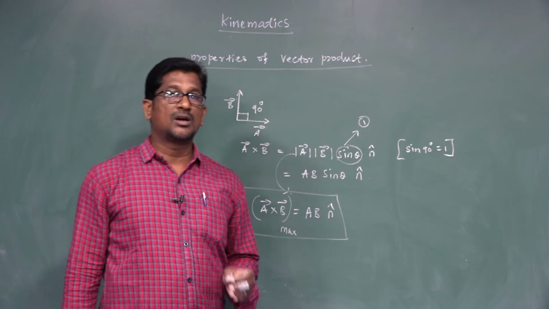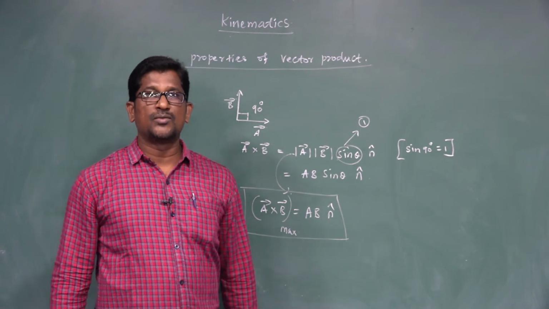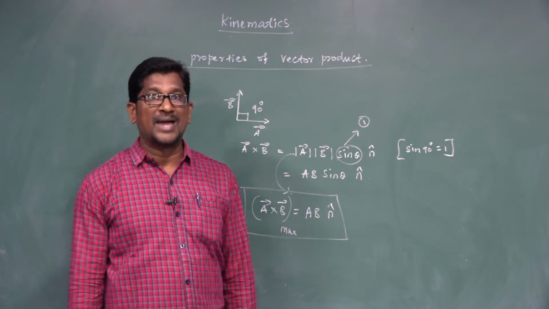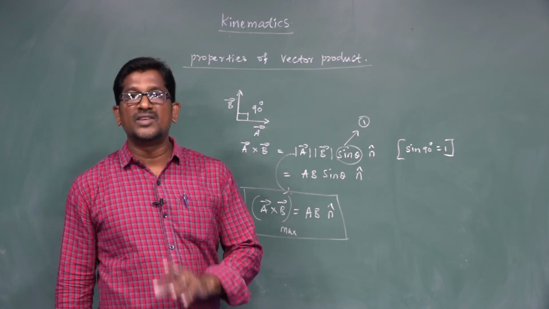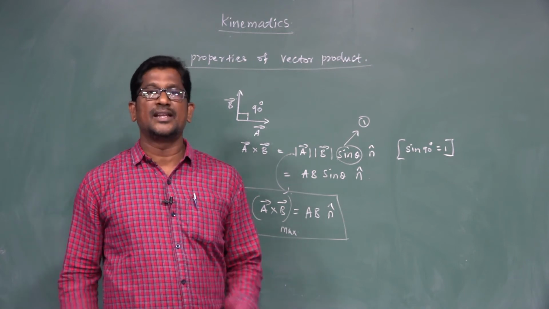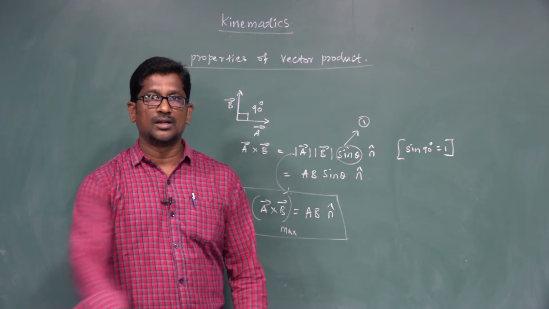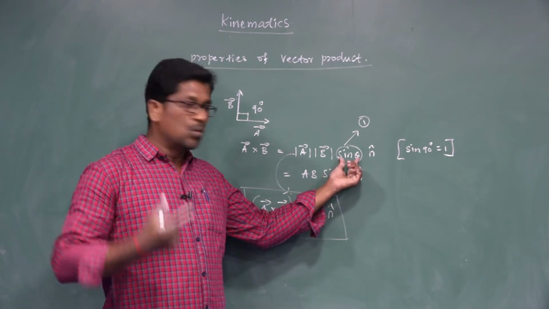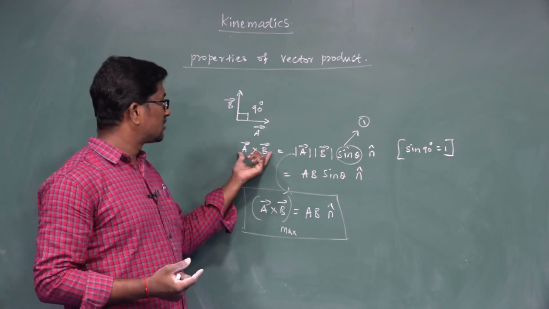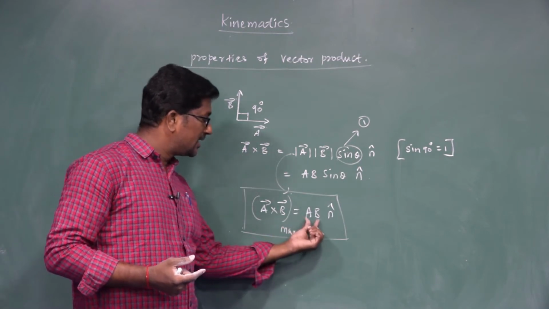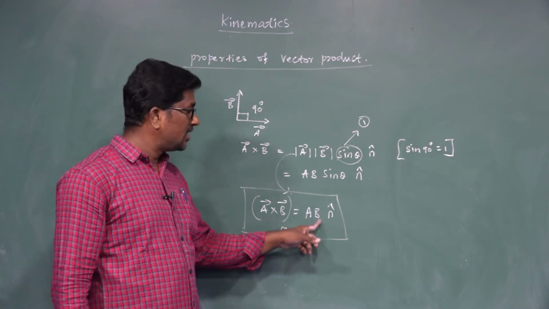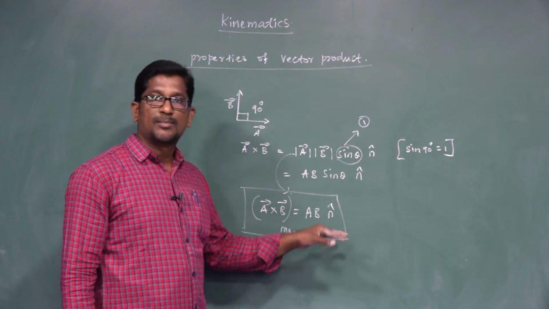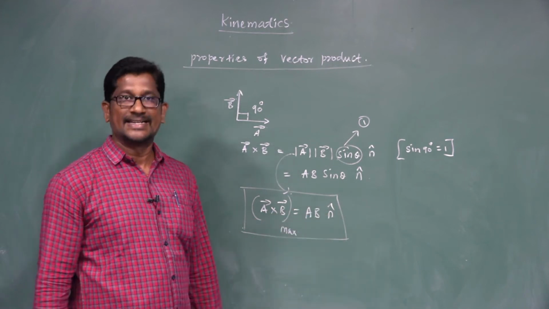The vector product or the cross product of two vectors will have a maximum magnitude if the angle between A vector and B vector is 90 degree, or they are mutually orthogonal. If the theta value is 90 degree, meaning sin 90, then the magnitude of A vector cross B vector is given by AB, and its direction is represented by the unit vector, that is n cap.